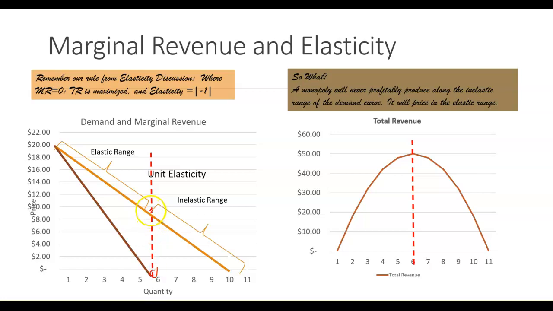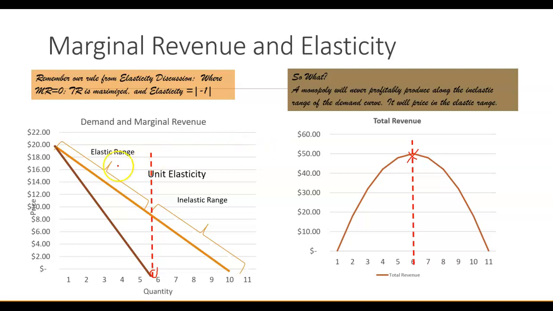And if we were to plot out our total revenue curve, we would find that total revenue maxed out somewhere between the 5th and the 6th unit. Now, this isn't going to be exactly precise because we would need to do this with calculus to find out the exact right point.